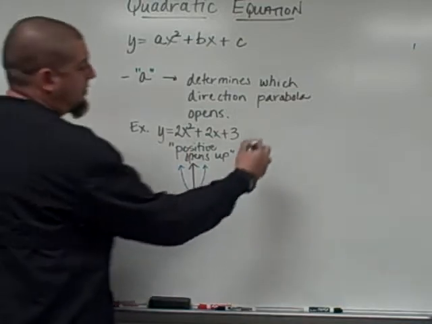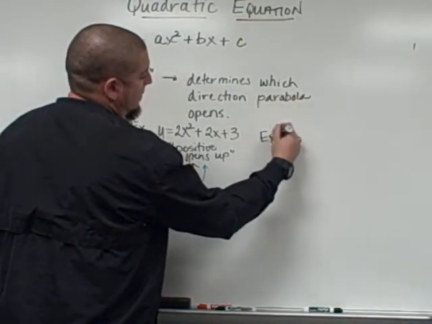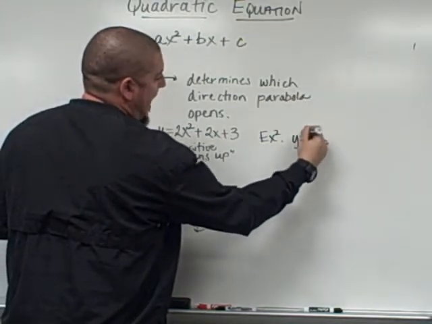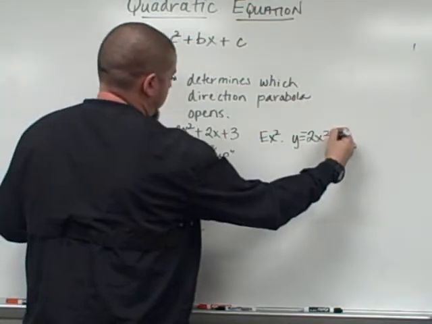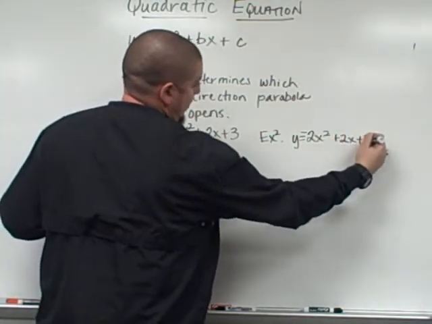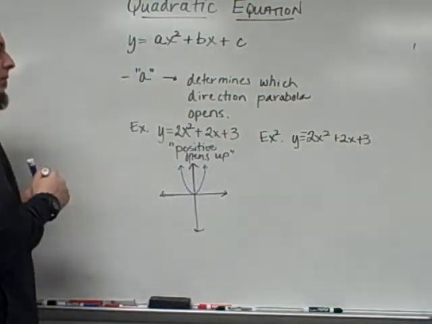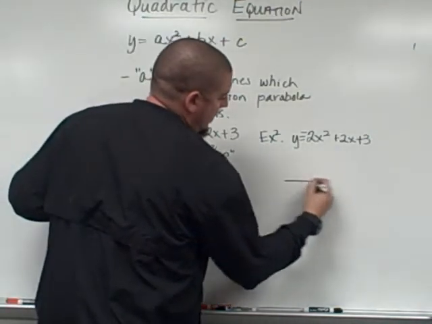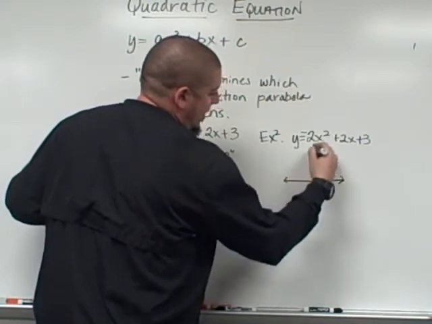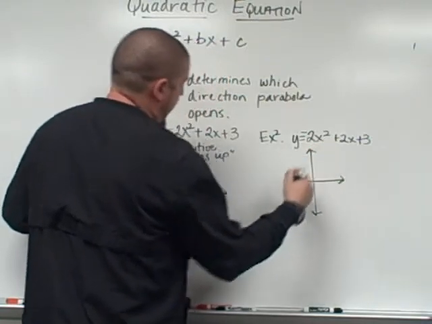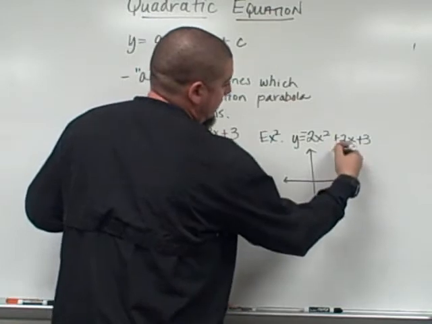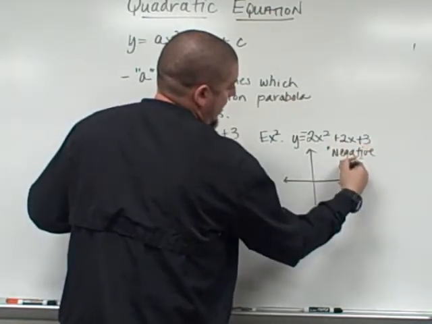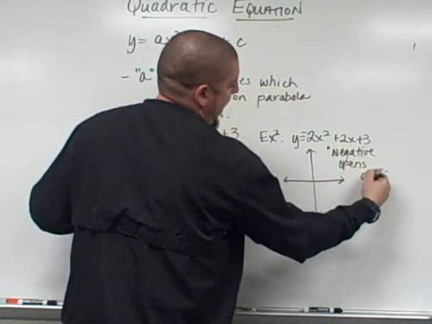Let's say you have another example: y equals negative 2x squared plus 2x plus 3. Negative opens down.